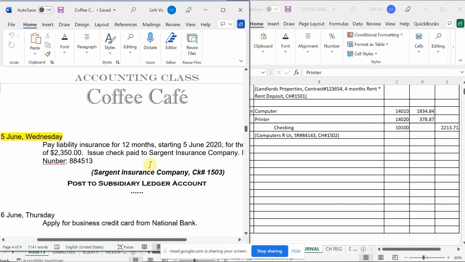which is going to be same day, which was June 5th here, Wednesday.